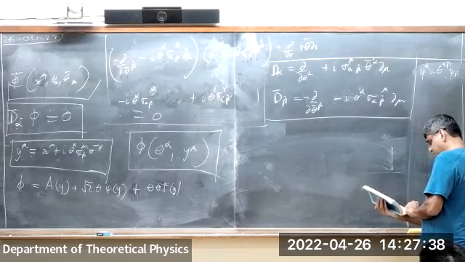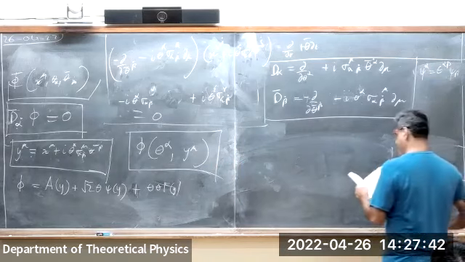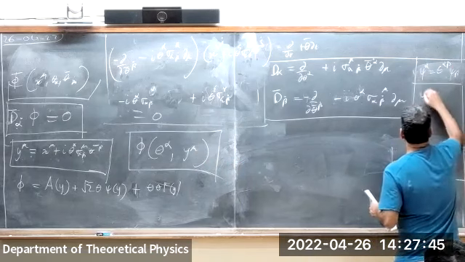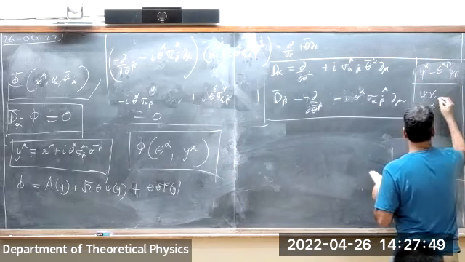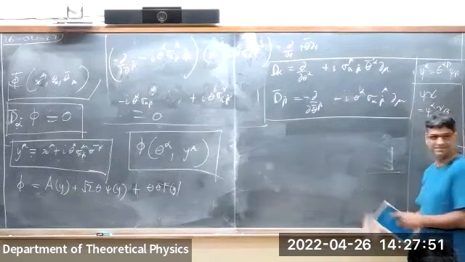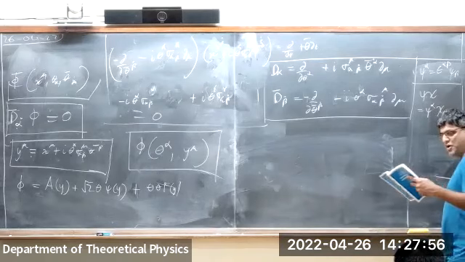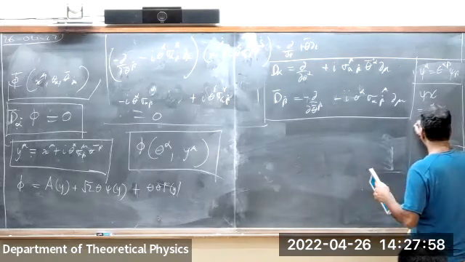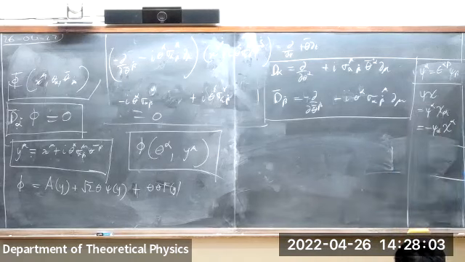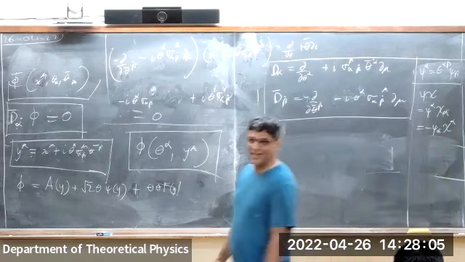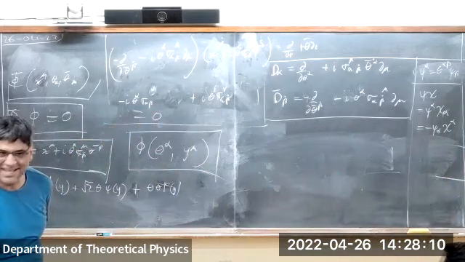And the convention for contracting: whenever I write psi chi, what this means is psi alpha chi alpha, which is the same as minus psi alpha chi alpha. Can you see that the first and the second leg are contracted with each other?